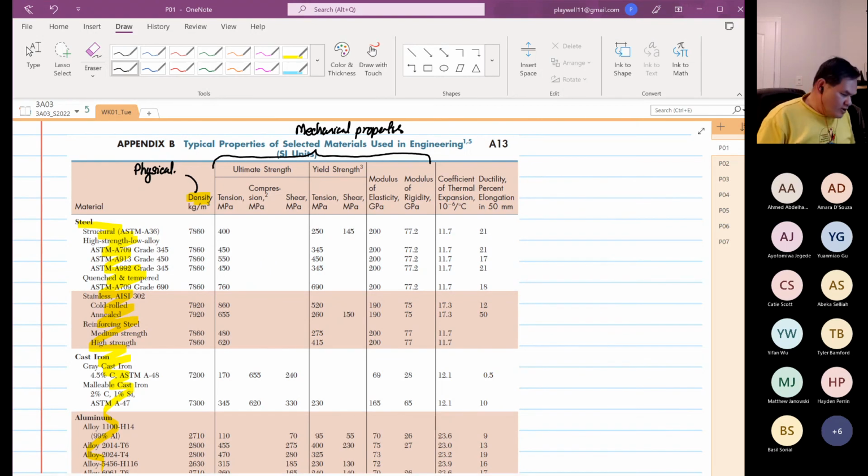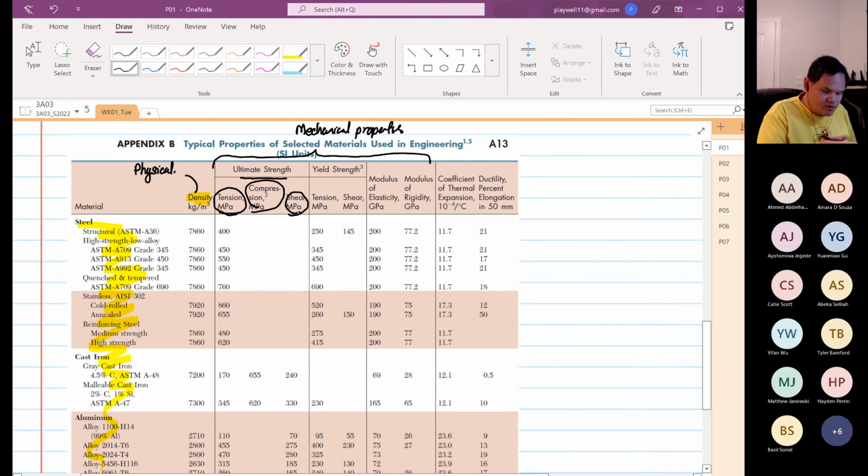What you have is ultimate strength. You can see ultimate strength both in tension, in compression, and in shear. So you have 3 different modes: tension, compression, and shear.